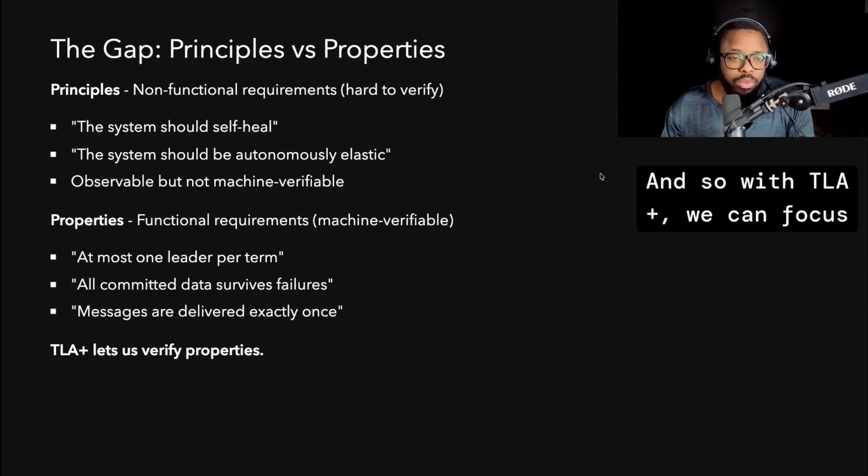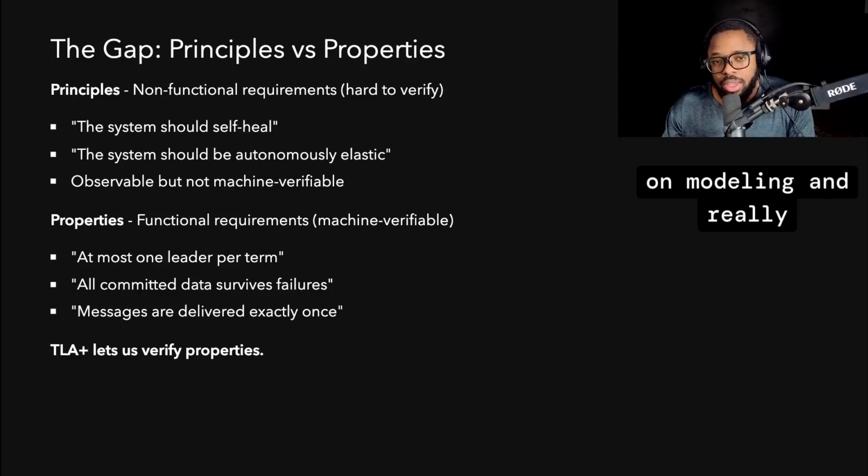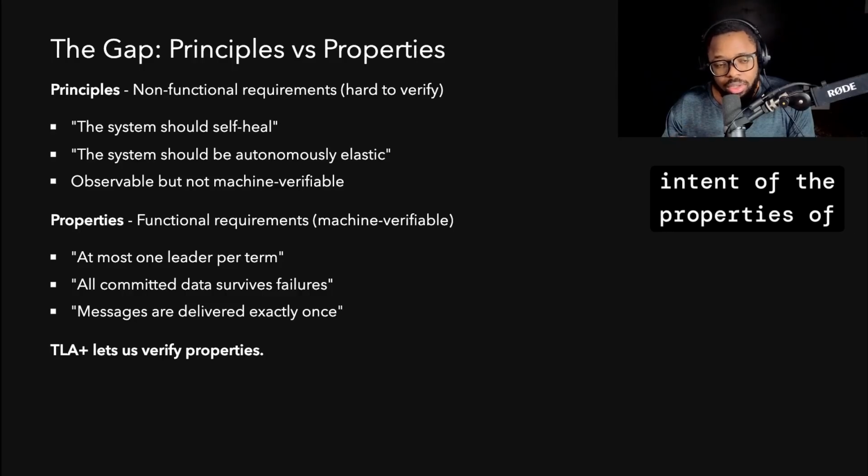And so with TLA Plus, we can focus on modeling and really formulating and formalizing the intent, the properties of the system. We can really focus on that aspect of things.